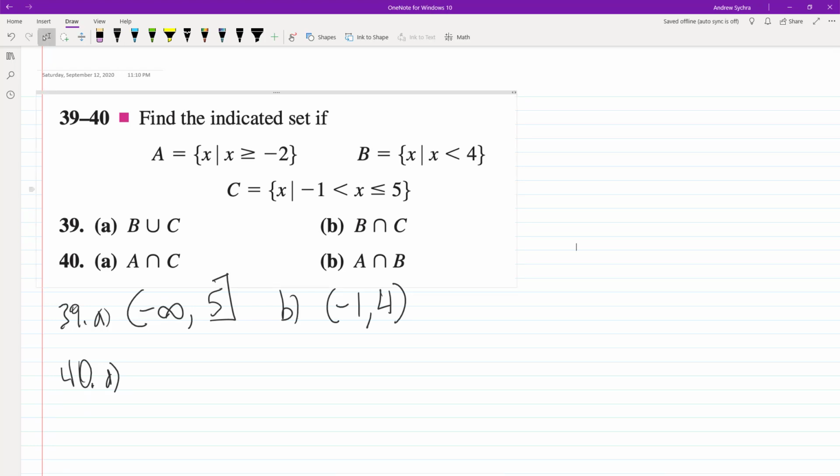All right, so let's go ahead and start with 40. So A and C, what do they have if you include everything together? So A, anything greater than -2. And when you include C, you're also going to get -1. It doesn't include -1, but everything down to -1, and then we go all the way up into infinity.